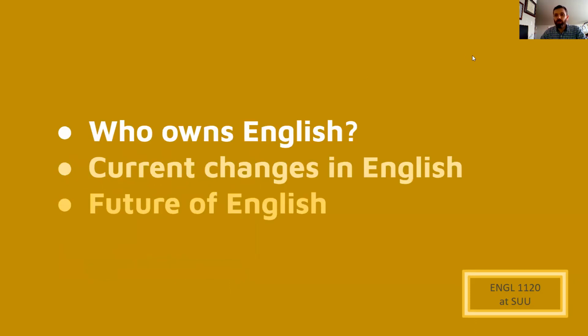We want to talk about who owns English, who gets to decide what English is and what's considered correct English, or maybe incorrect or non-standard English. We'll also take a look at some specific examples of how English has changed in recent years, and then maybe make some predictions about how English could change in the future.